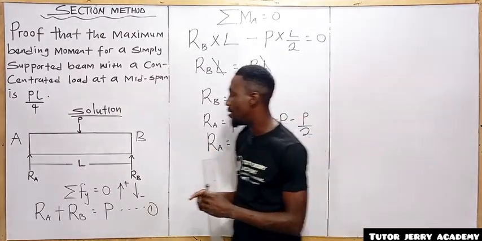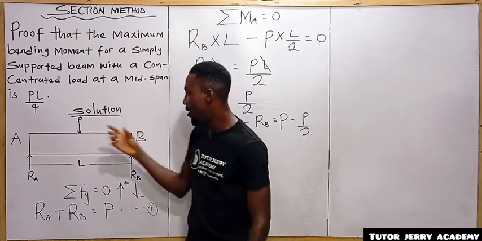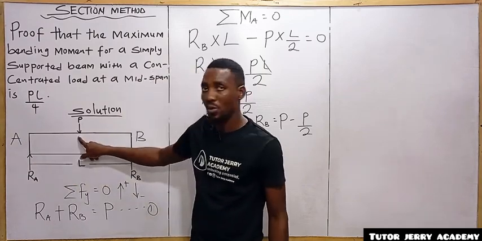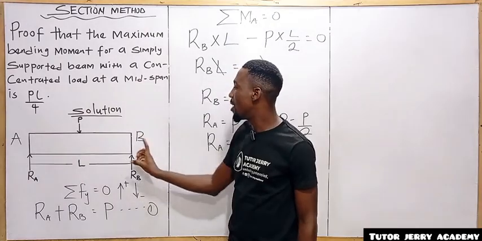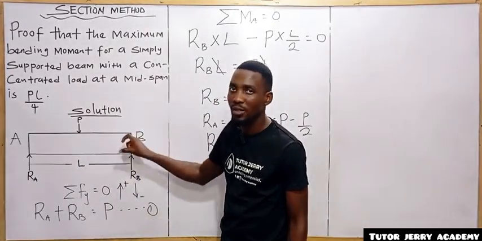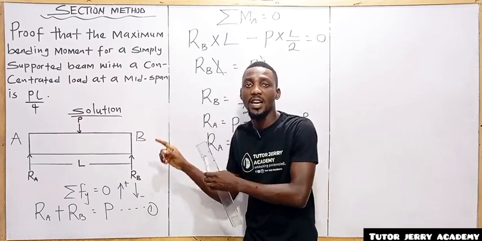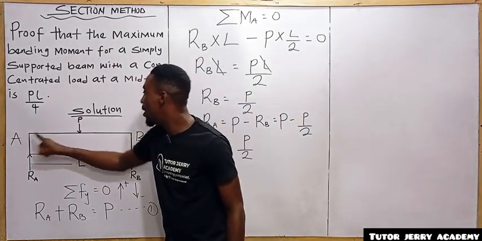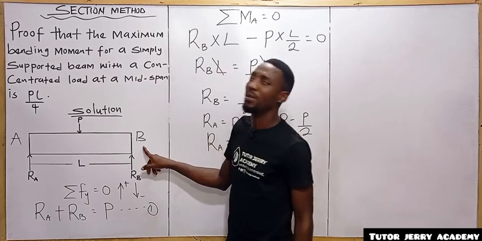And what I mean is this: anytime you see any beam and you want to apply the sectioning method, the first thing you do is check from this point to this point whether we have a load. To solve this question completely, to draw the shear force diagram and bending moment diagram, the first sectioning will be between this point and this point, and the second sectioning will be between this point and this point.